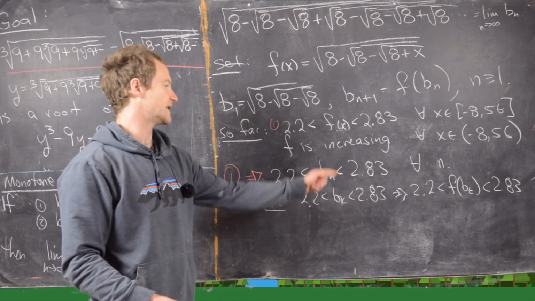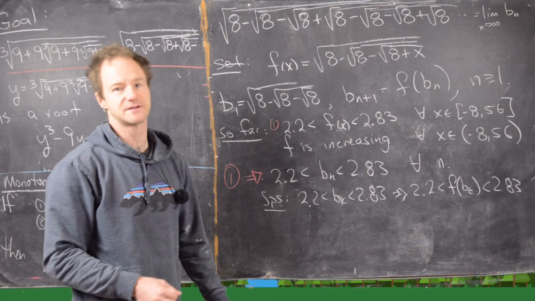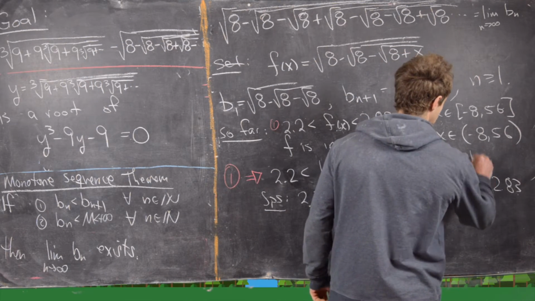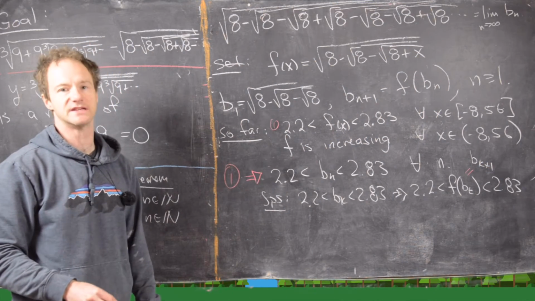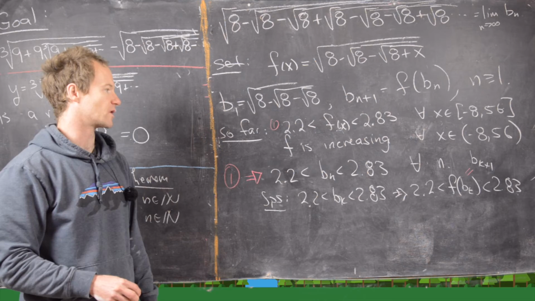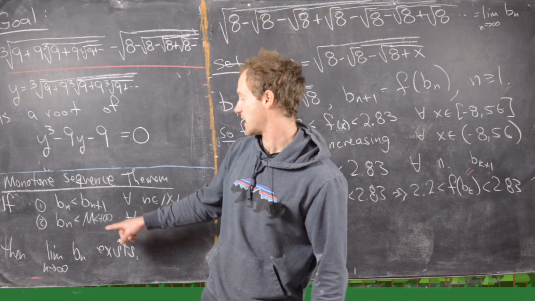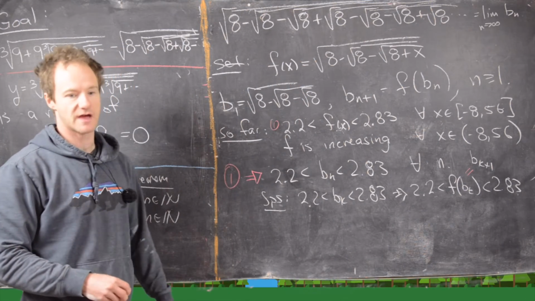Great. Again, because if Bk is between these two numbers, then it's in the domain of f, so we can plug it in there. But we know that f of Bk is exactly equal to Bk plus 1, so that tells us that Bk plus 1 is between those two numbers. So in other words, this thing is bounded. So we know that we have a bounded sequence. It's bounded above and below, so we're good to go there.